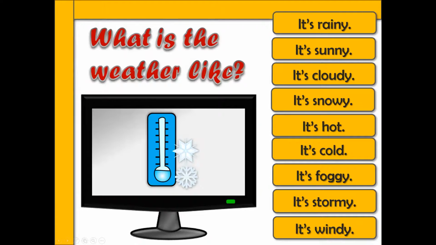Repeat, what is the weather like? What do you think? We see a thermometer here. It is low. We see some snowflakes. Maybe say it's cold. Good. You could have also maybe said it's snowy. I would say it's snowy or it's cold. Repeat, it's cold. Repeat, it's snowy.